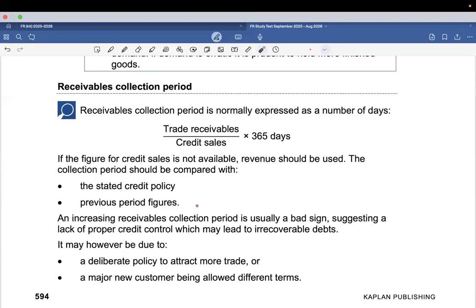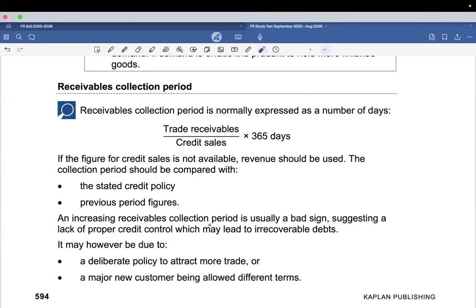So if trade receivables are not collected, then they would have working capital problems as well. Now, suppose in the question you don't have credit sales separately given, you just use the sales. That's all.